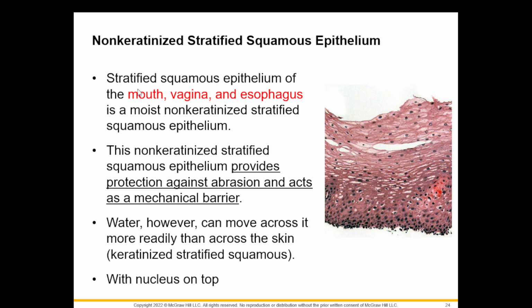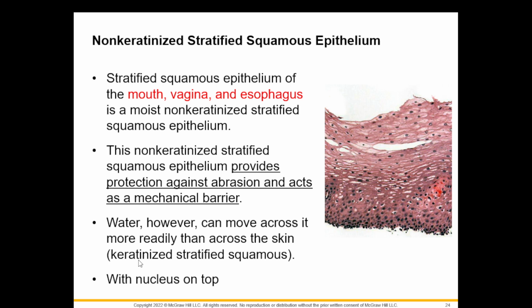So, what keeps it protected is the moisture. That's why our mouth seems to be always wet, even the esophagus and vagina, right? They appear moist because water can readily move across the non-keratinized stratified squamous epithelium, which is the opposite of keratinized. In keratinized, water cannot freely move.